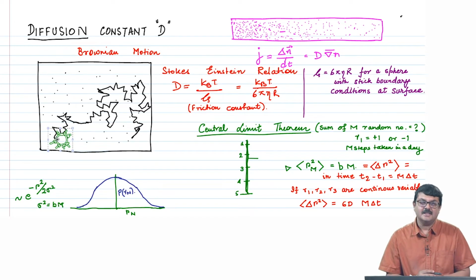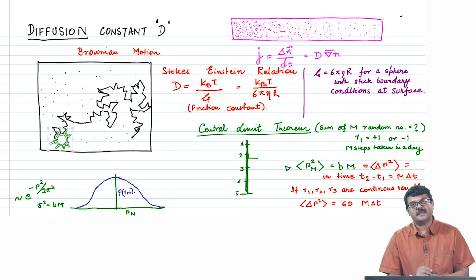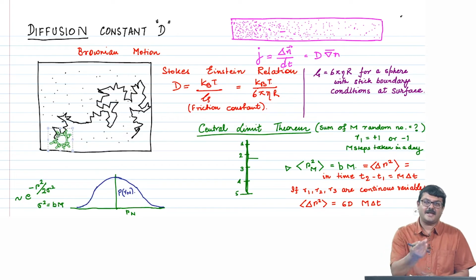In the next instant of time delta t, a large number of other water particles hit this green particle, and then suppose it moves in another random direction, say this one, right, and in the next one it moves in some other direction, say this one.